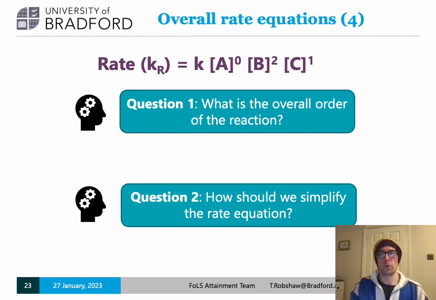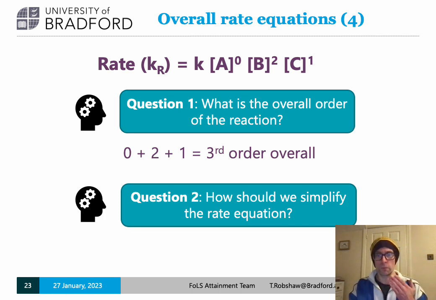So the overall order of the reaction is just 0 plus 2 plus 1, so it's 3rd order overall. Now for the simplification, hopefully you should have worked out that any number to the power of 0 is always 1, and likewise any term multiplied by 1 is just that term. So the concentration of A term can disappear from our equation entirely.